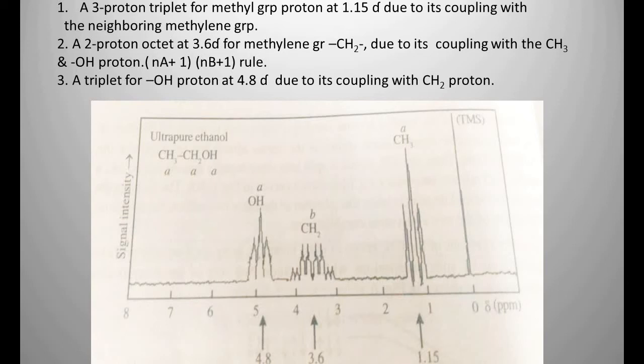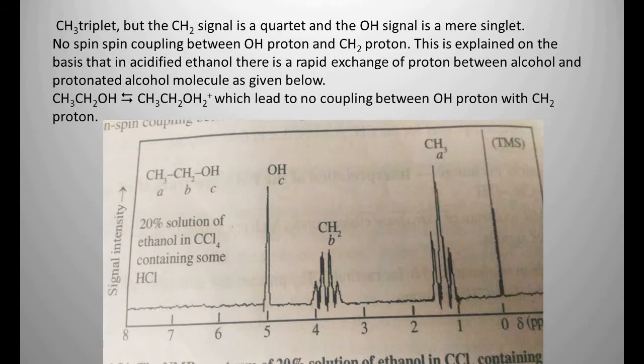Okay, look. The next is the PMR signal of ethanol in CCl4 containing HCl, which shows some different results. The CH3 is a triplet as such, but the CH2 signal is a quartet and the OH signal is a mere singlet. There is a sharp difference.